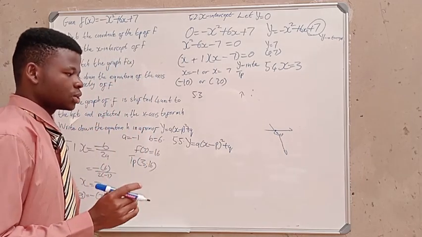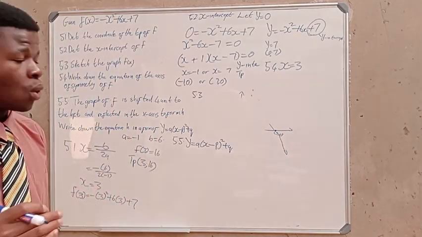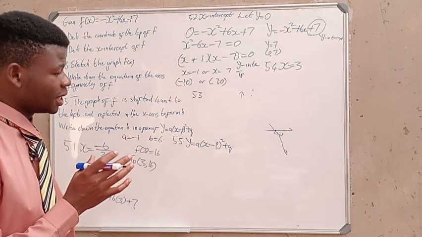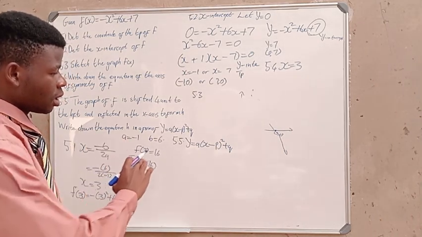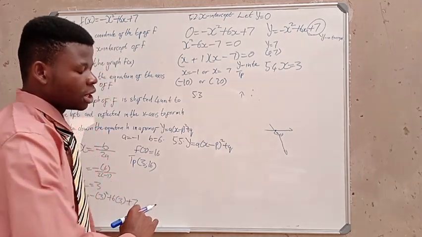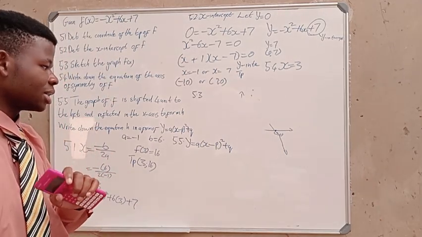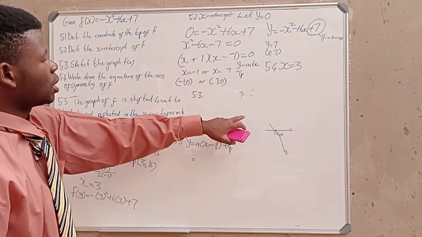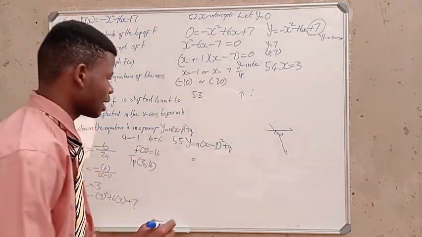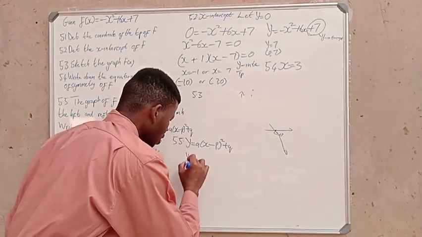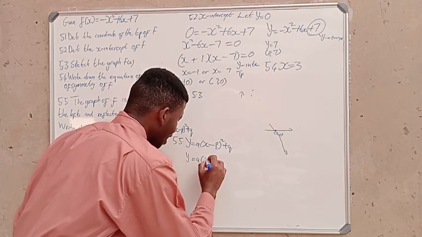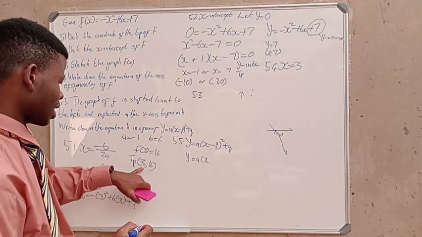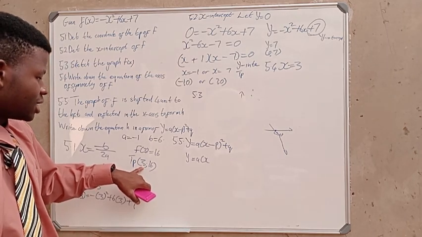So guys, when you are substituting your coordinates into this equation, first things first, start with your turning point. We're going to substitute the turning point of this graph. So y is equal to a(x... On our turning point we have 3, a positive 3.